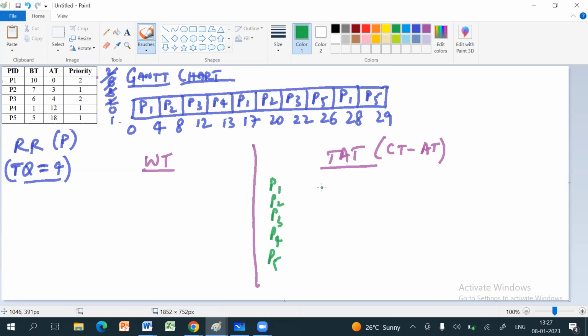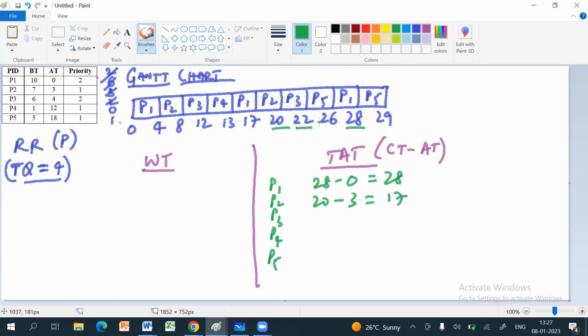So P1 completed at 28, so that would be 28 minus the arrival time 0, which is 28. P2 completed at 20. 20 minus its arrival time 3, which is 17, and then followed by P3.